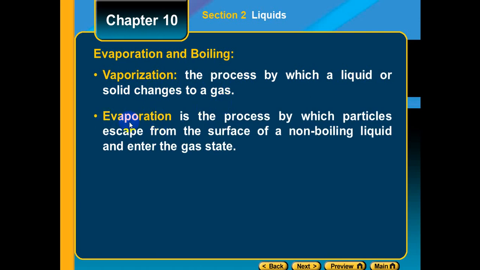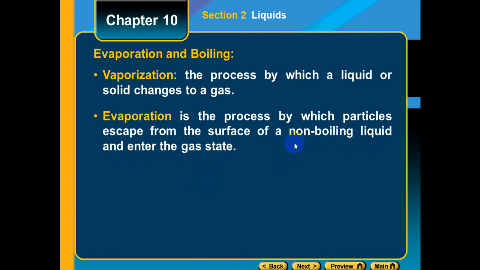While evaporation is considered a part of vaporization, it is the process by which the particles of a liquid escape from the surface of a non-boiling liquid and enter the gas state. Non-boiling liquid means below the boiling point of that liquid.